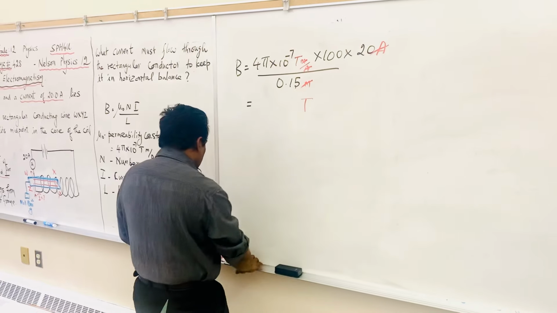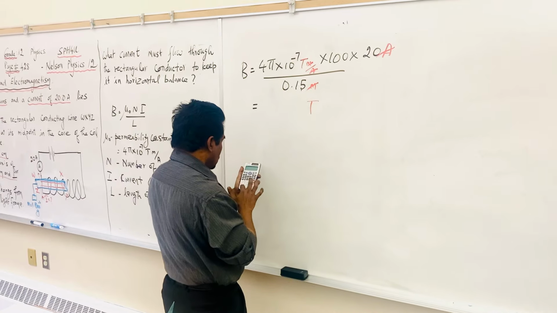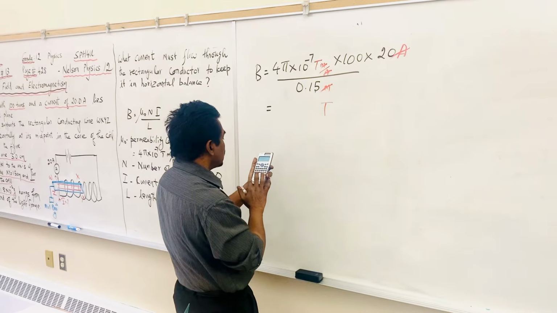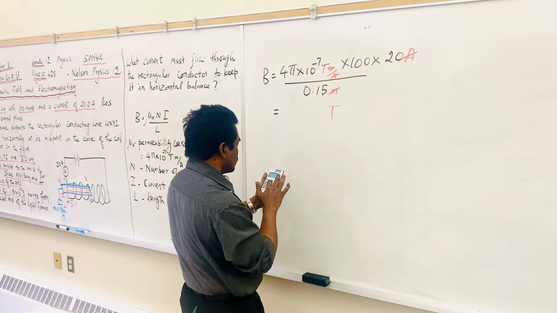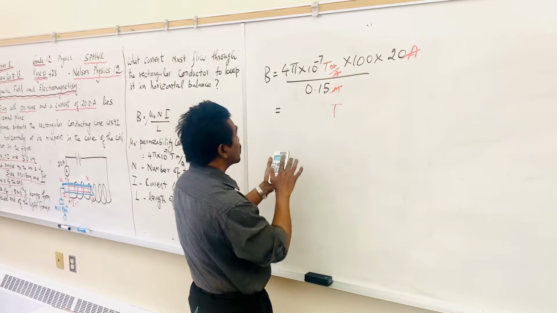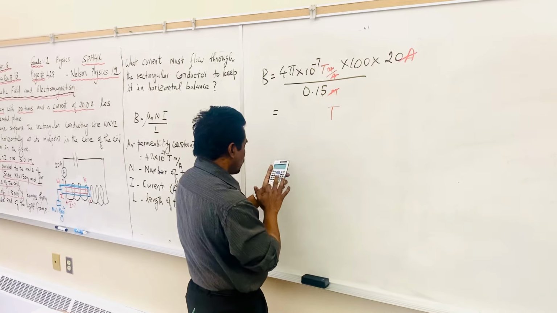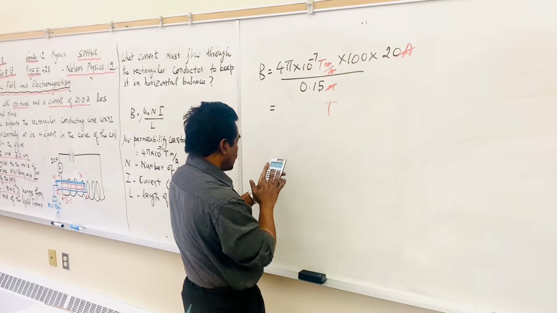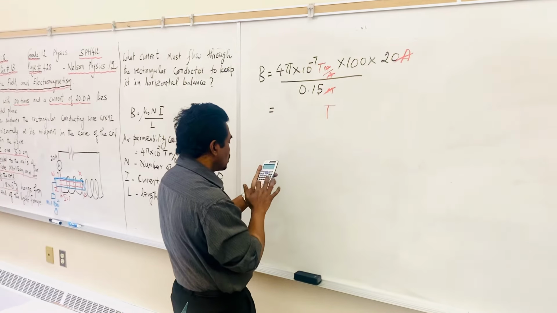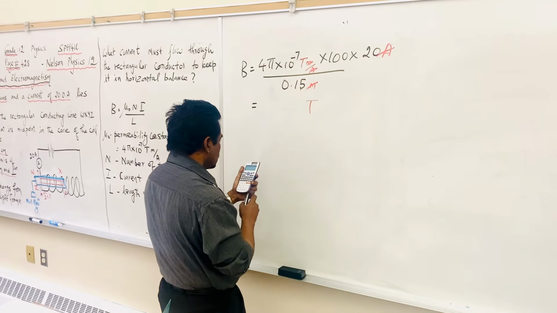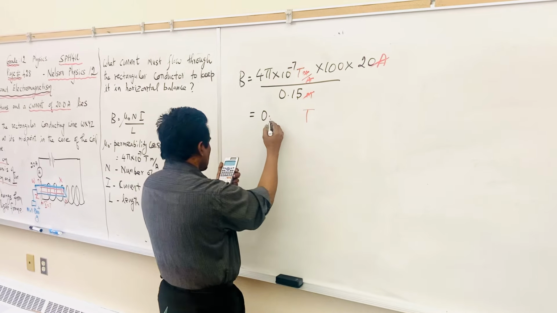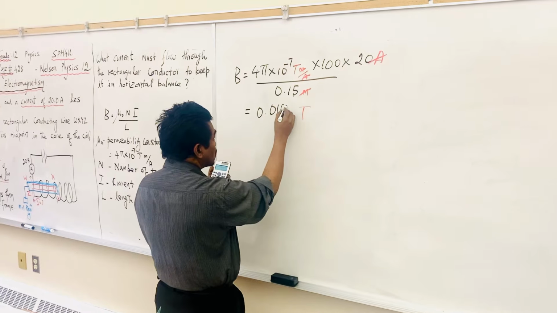Now let us find the value of the magnetic field. So 4 times 3.14 exponential negative 7 times 100 times 20 over 0.15, and getting the answer: 0.01674.